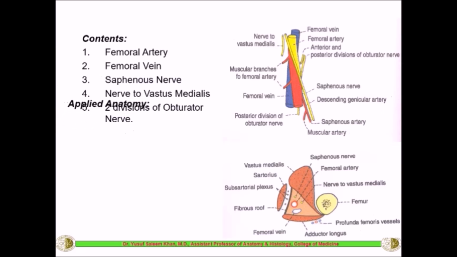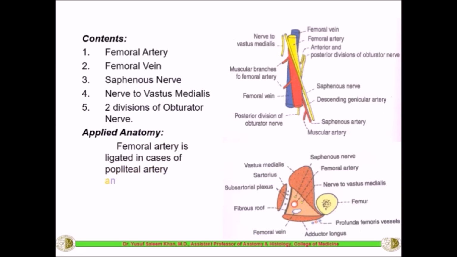Coming to the last part, that is the applied aspects. The femoral artery is ligated in cases of popliteal artery aneurysm. Especially the popliteal artery is prone to aneurysms, and it has to be tied.